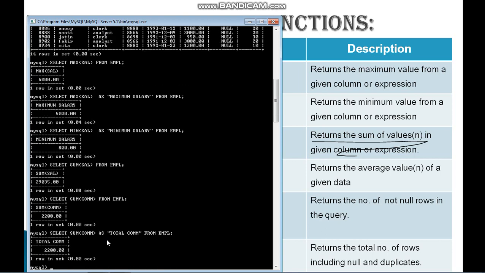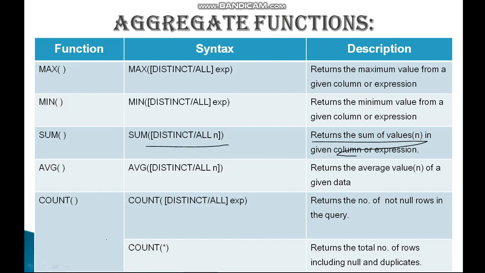Okay, so the next function is the average. What does the average function do? Average also takes distinct or all. It will find the average value from a given range.